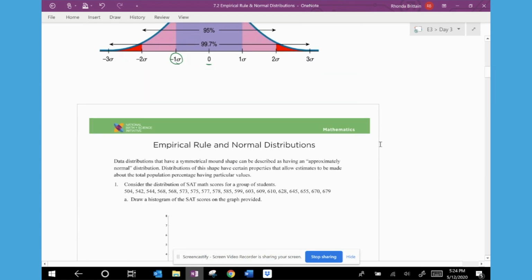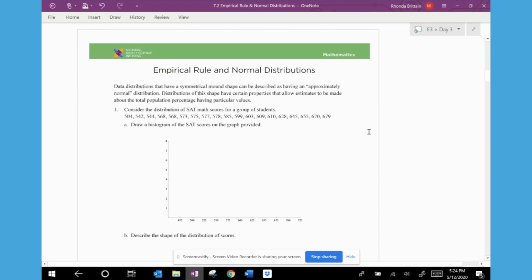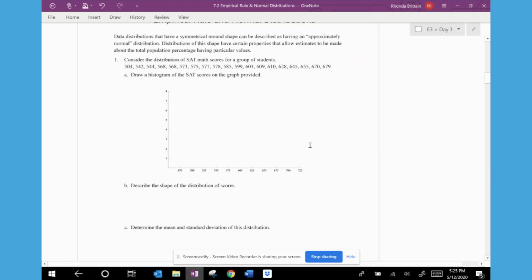So for the lesson, it's going to start out on number 1. And it's going to give students a list of data. These are actually SAT math scores. And in number 1, they should be pretty successful because they will have seen the information in previous lessons. So they should be able to use technology to create a histogram. They could do it by hand as well. They want to describe the shape of the distribution.